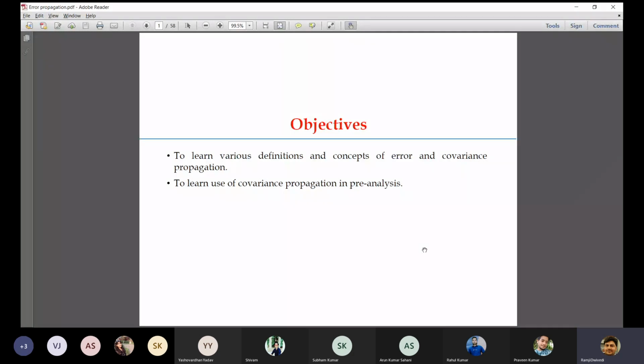Because in the first class itself, I asked you one question: if the error in length and width is 1 millimeter, that is, if you have measured length and width with the instrument and have an error of 1 millimeter in both, what would be the error in the area? And probably all of you were giving wrong answers.